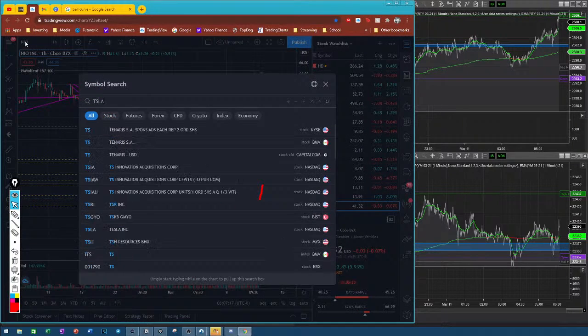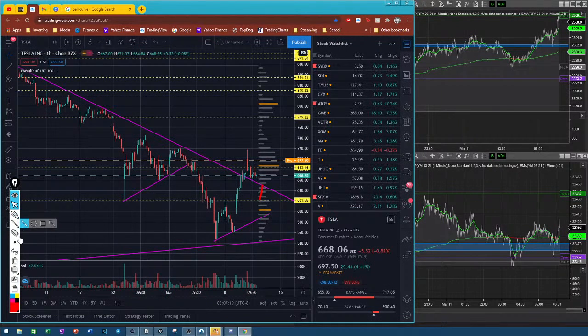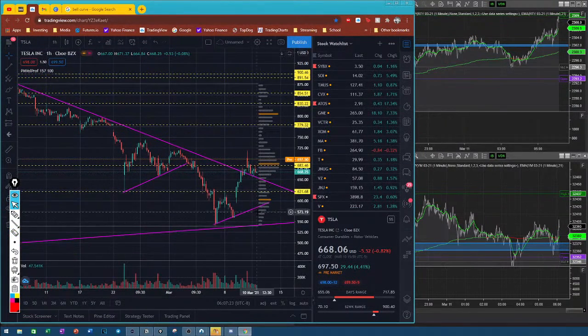Let's look at Tesla here. Okay, so looks like we've got a kind of choppy trend line right there, and we did break above this very long-term strong trend line, so that's definitely good.